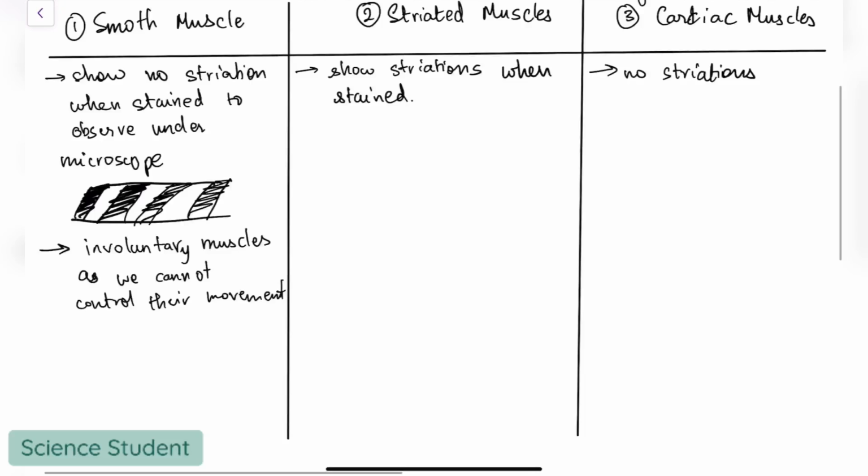The movement of involuntary muscles cannot be controlled by our mind, that's why they are called involuntary muscles.